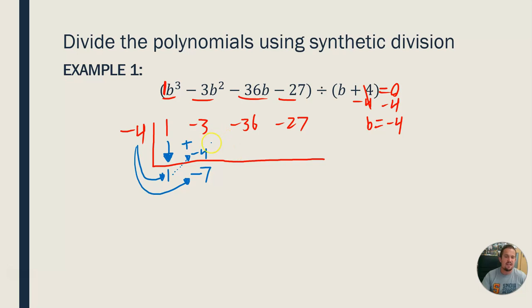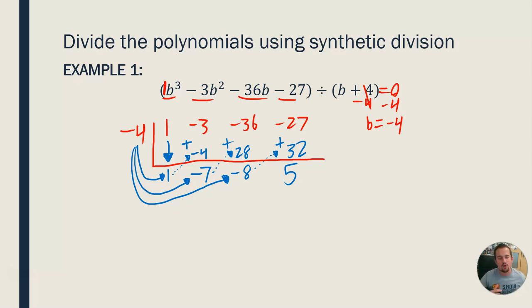Negative 4 times negative 7 is positive 28, which I'm going to write underneath the next term. Negative 36 plus 28 is going to give me negative 8. And then negative 4 times negative 8 is 32, which I'm going to write underneath the next term. Negative 27 plus 32 is 5, and I'm finished.